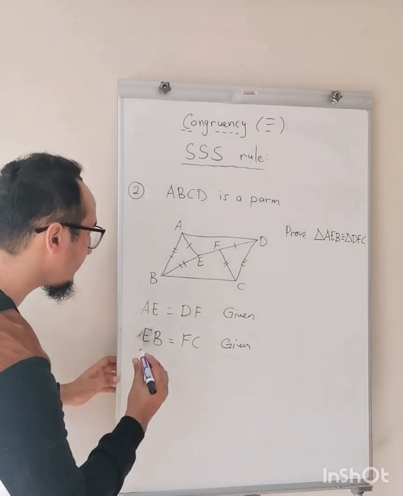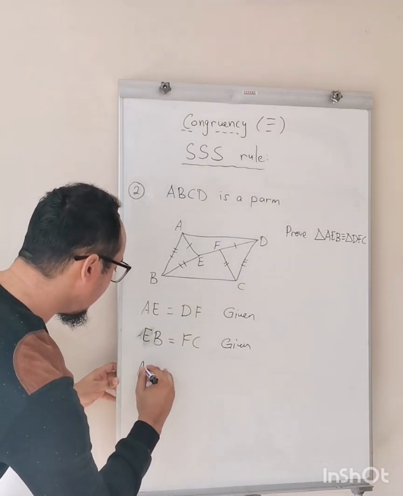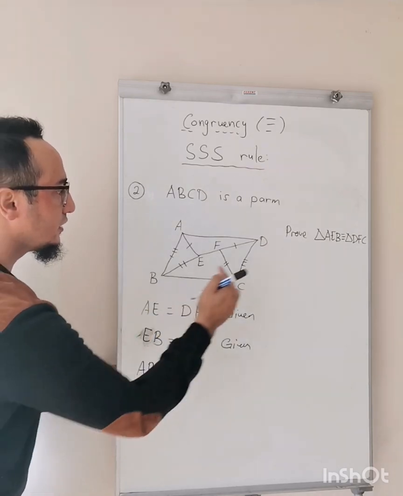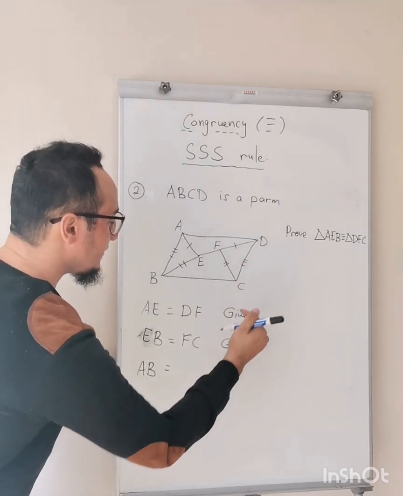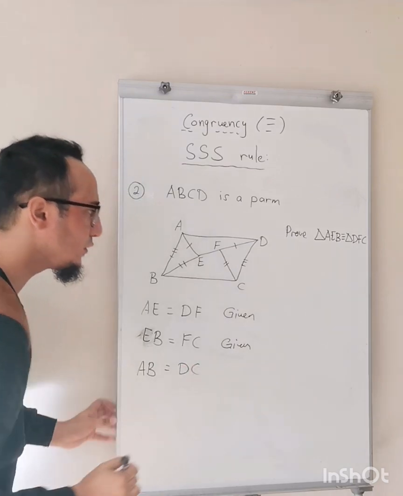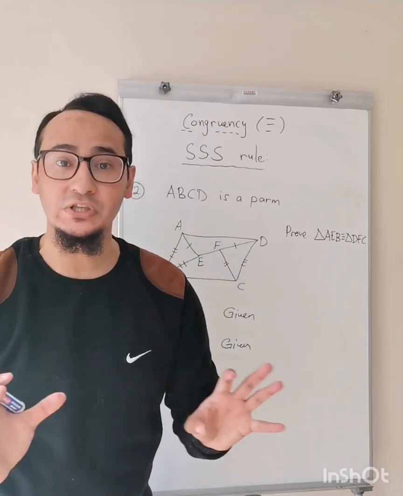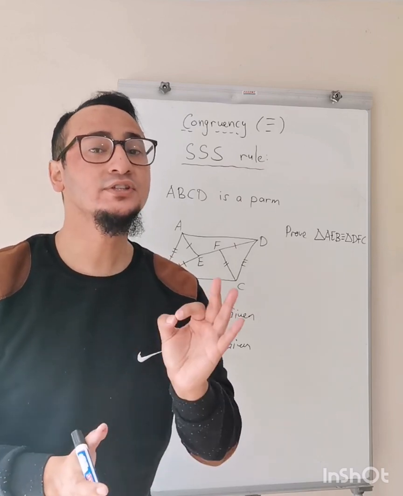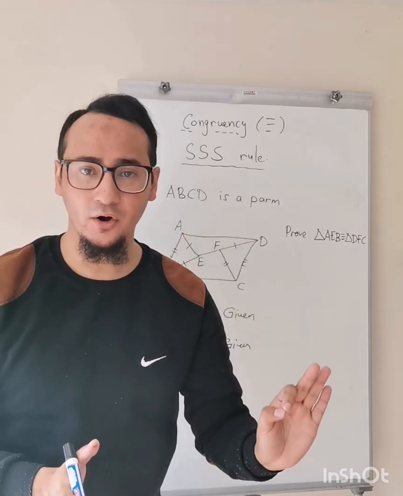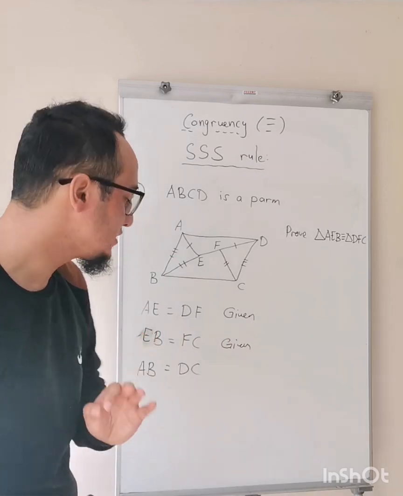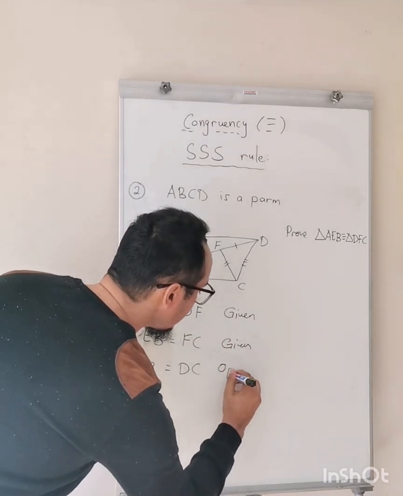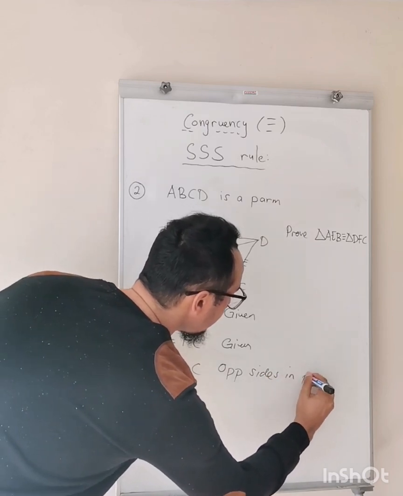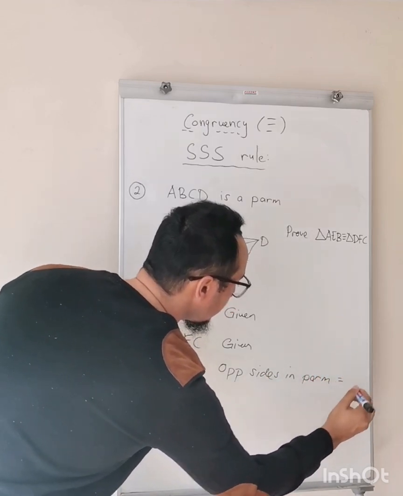So therefore AB is congruent to the side over here, and that is DC. Now, is that given to me? No, it's not. I have to calculate it, right? Using what? Using geometry, using the properties of a parm, and the property that I use is that opposite sides in a parm are equal.